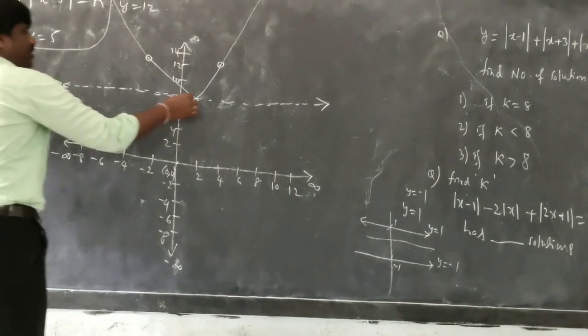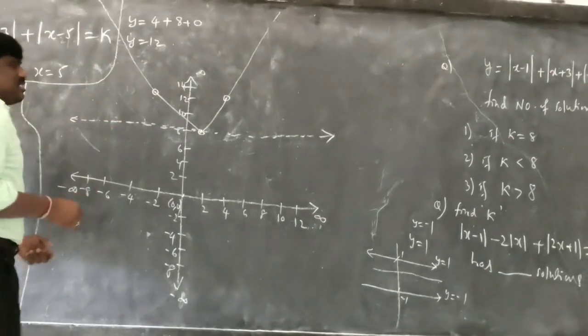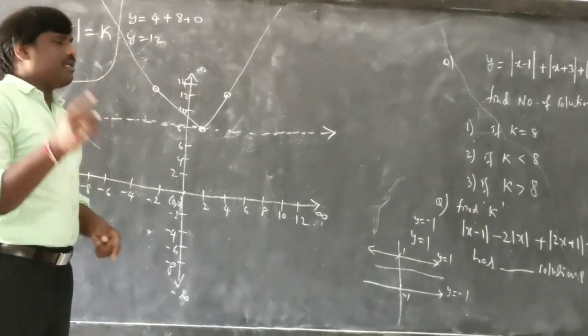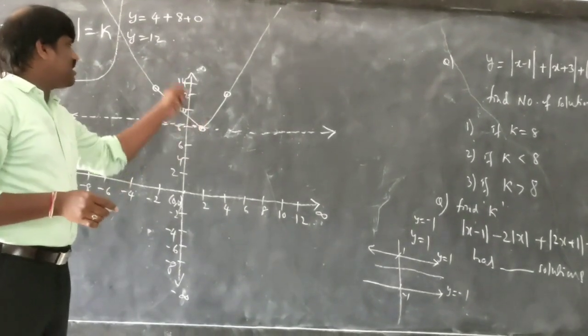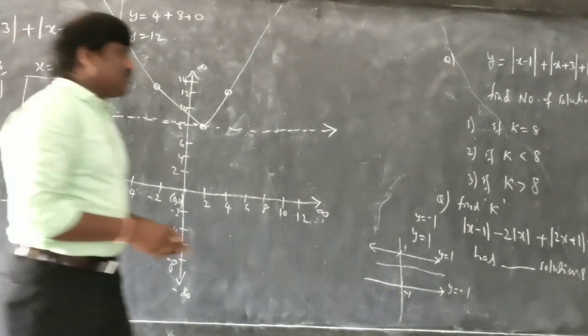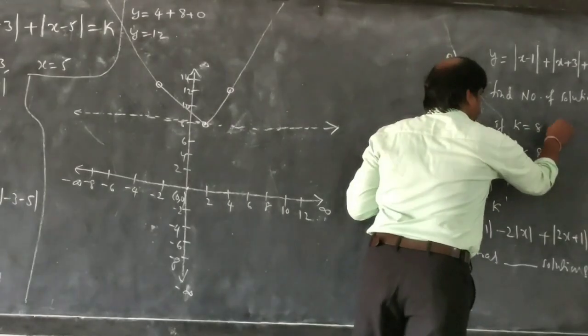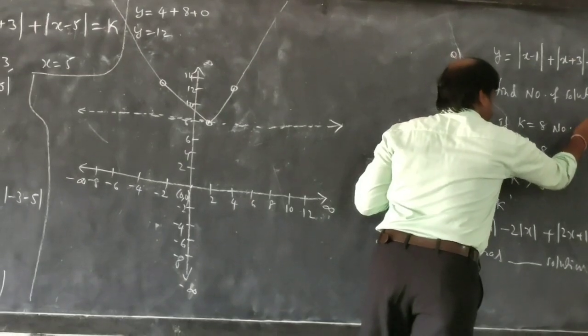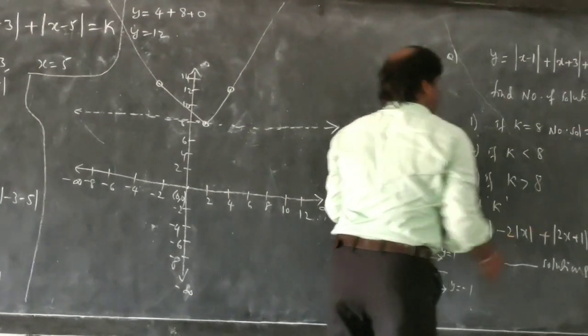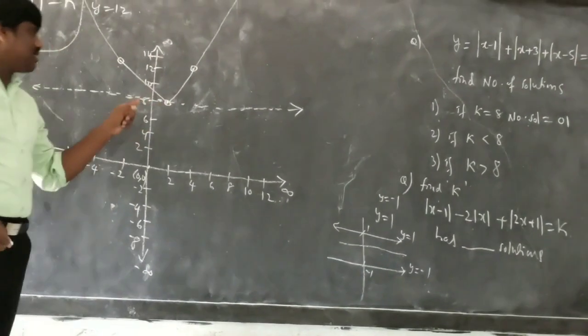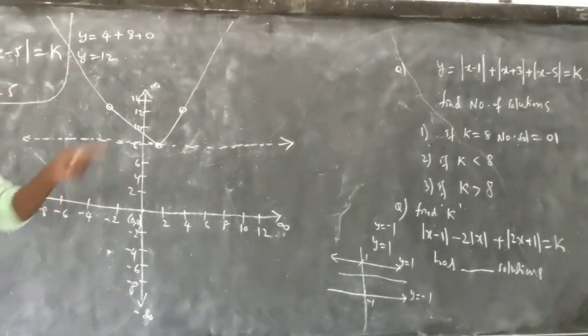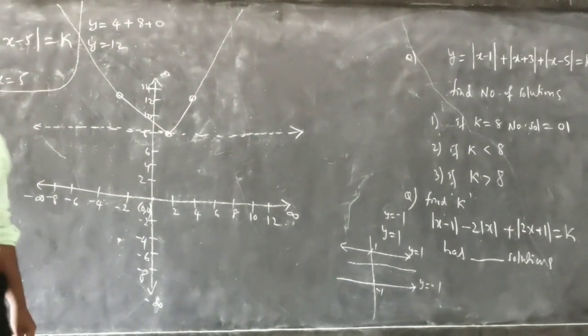How many points is this line touching the graph at? This line is touching the graph at 1 point. So the number of solutions is 1, because it is touching the graph at exactly 1 point.